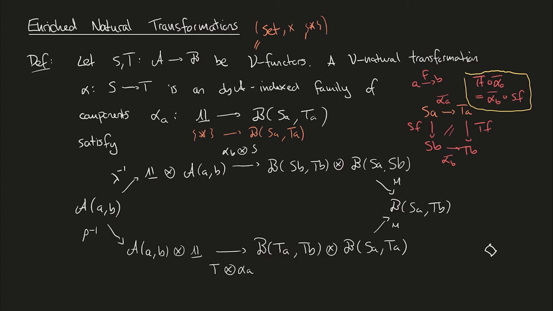Now, what does this have to do with this larger diagram which we're requiring for enriched natural transformations? Well, we can think of this square or this condition in the following way. We're given some morphism f between A and B, so that's an element of the Hom set of A and B. So in our diagram we start down here.